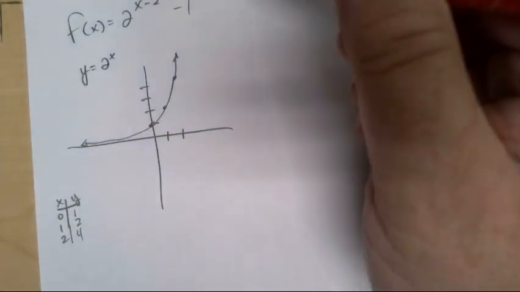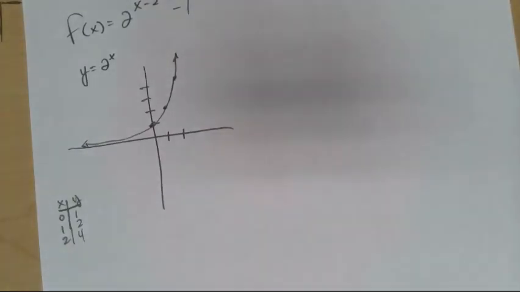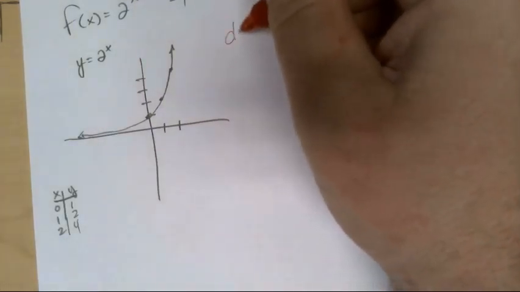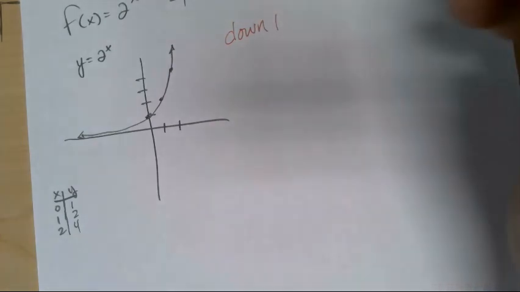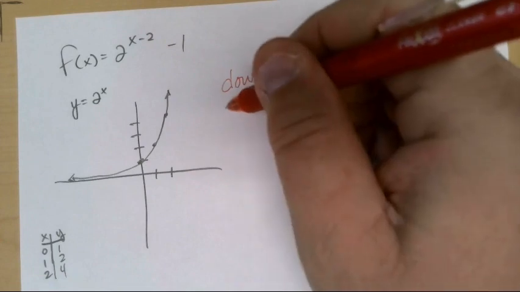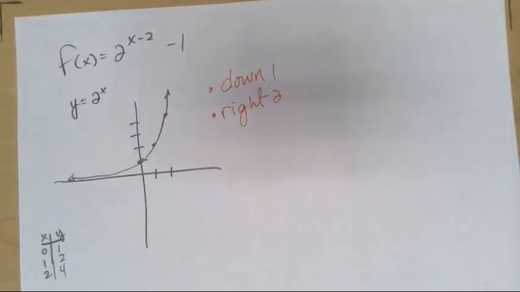Now, transformation-wise, what is happening on this? Well, this minus 1 is going to shift it down 1. This minus 2 is going to shift it right 2.